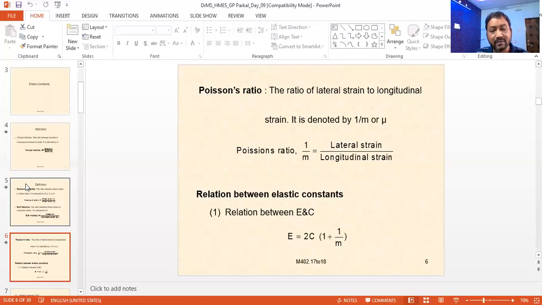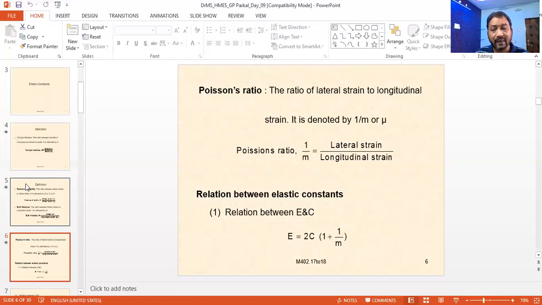And we also have one important term, the Poisson's ratio. It is denoted by 1 by m, or mu. Poisson's ratio can be defined like this: whenever a body is subjected to some kind of forces, the ratio of the lateral strain to the linear strain is called the Poisson's ratio. It is represented by the letter 1 by m or mu.